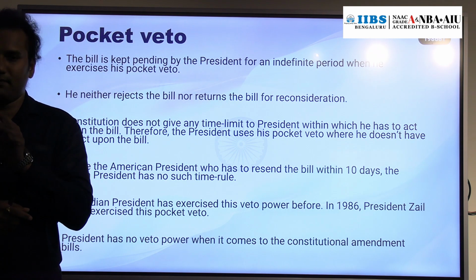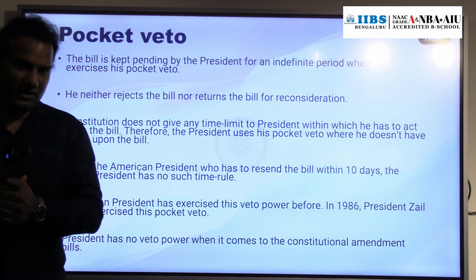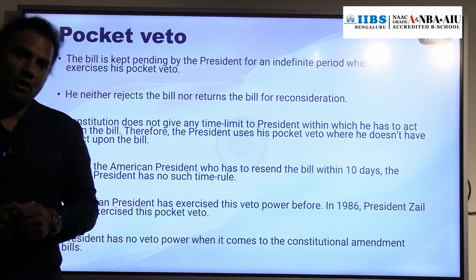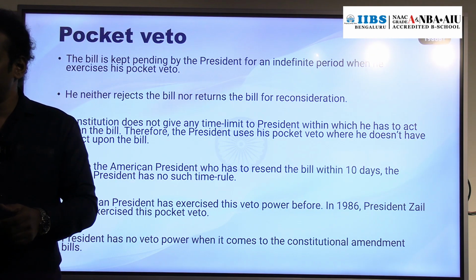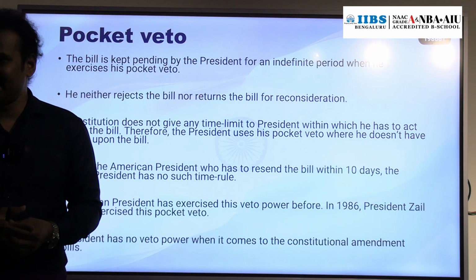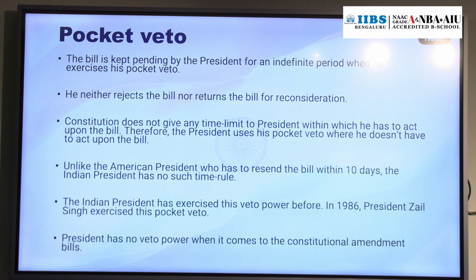Suspensive veto: on a money bill, the president cannot use the suspensive veto. And on a constitutional amendment bill, the president cannot use the pocket veto. And on each and every bill, the president cannot use the absolute veto. Only 2 cases are there. Understood? So this is about the veto power of the President of India.